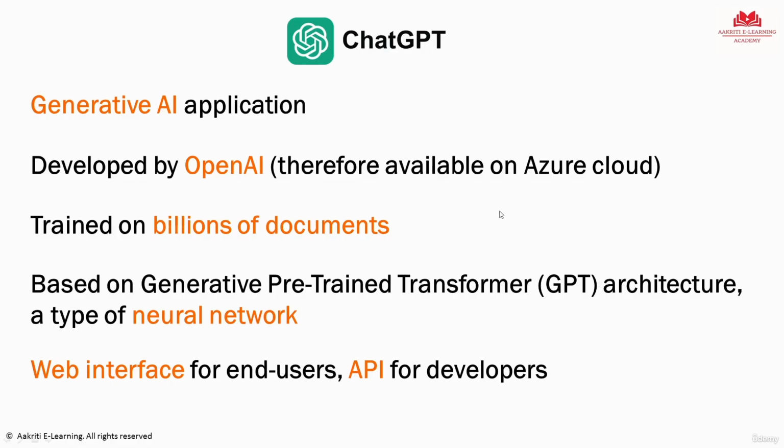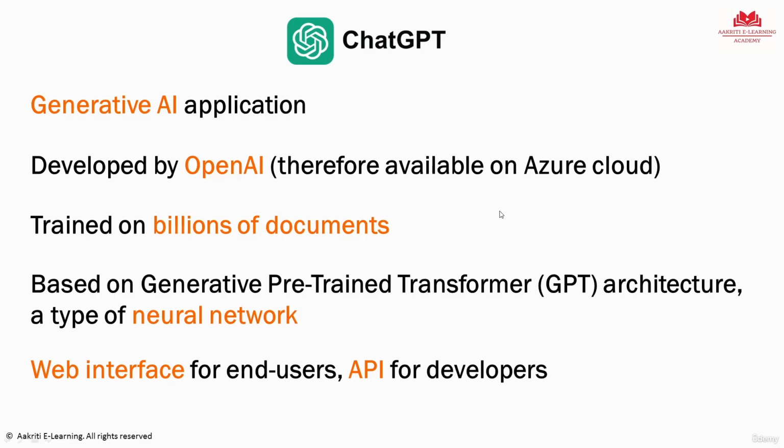Most important of all, it has established this belief that generative AI is the future. Whichever area, whichever technology you are working on, generative AI will make a disruption there, and we will have to embrace this technology. In fact, ChatGPT is just the beginning. Each day there are new models coming, new advancements happening.